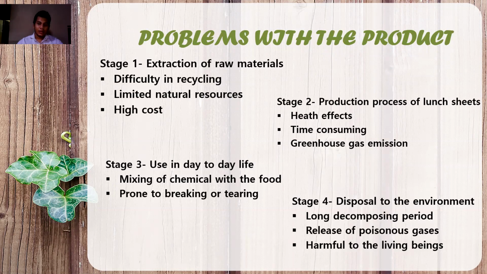In production, greenhouse gases such as carbon dioxide are released to the environment. In day-to-day life, chemicals mix with the food due to contact with the lunch sheet. When we talk about disposal, it takes a long period to decompose, like 500 to 1000 years. And it also releases harmful gases when burnt in air.